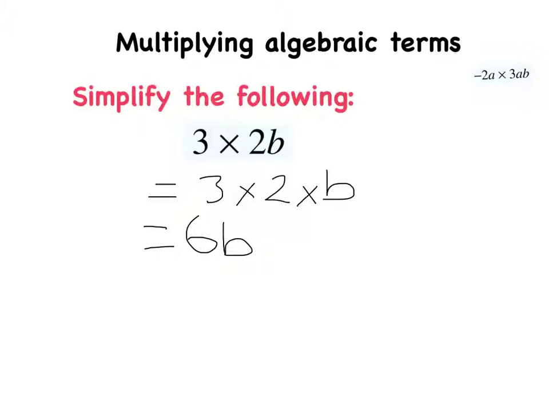Because remember yesterday we were having that conversation that if you're multiplying a number by a pronumeral, you simply write it as the number and the pronumeral with no gap in between. That means multiplication. Again, this should be a revision for you guys. So if I was to simplify 3 multiplied by 2b, I'd simply write it as 6b. Excellent. Let's move on.